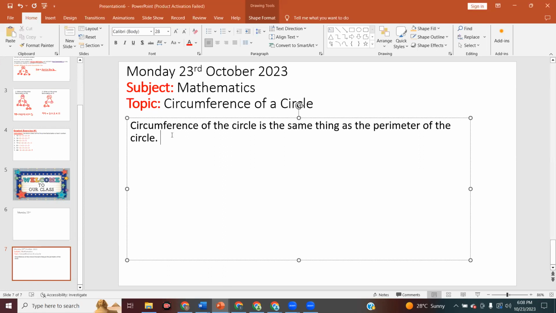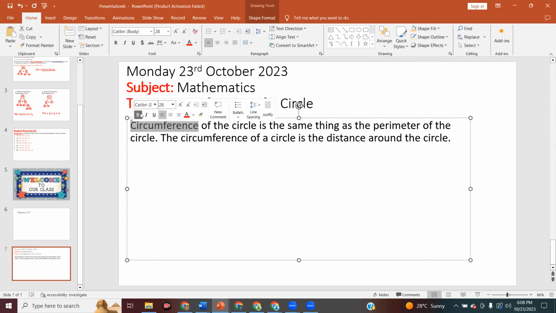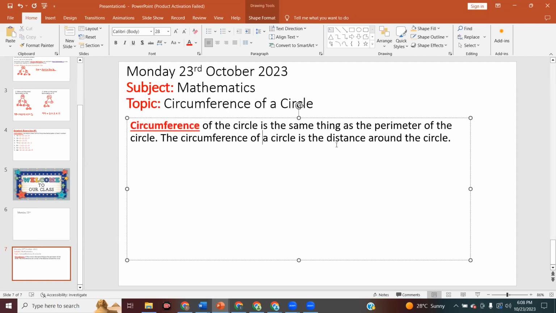The circumference of the circle is the distance around the circle. Circumference is the distance around, and the perimeter is also the distance around the shape. So again, the circumference of the circle is the distance around the circle.